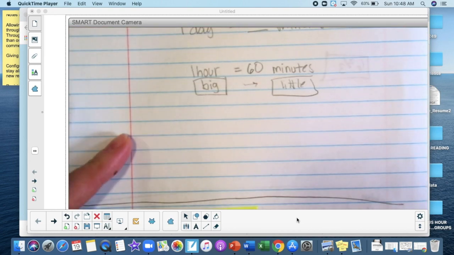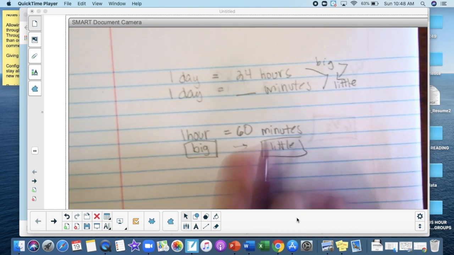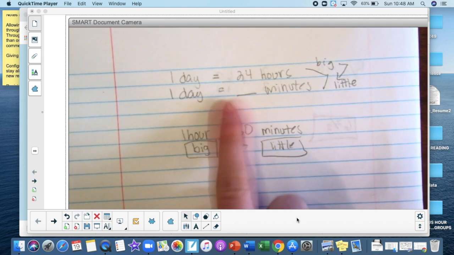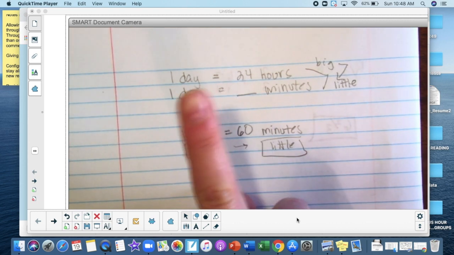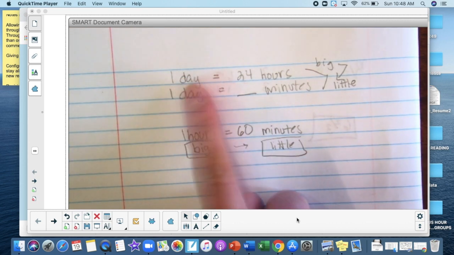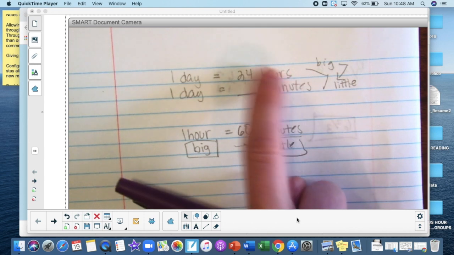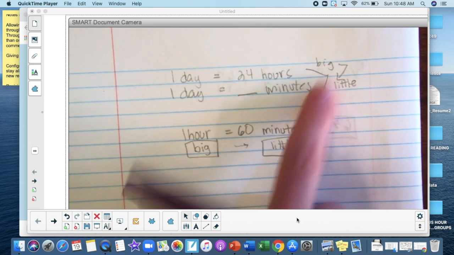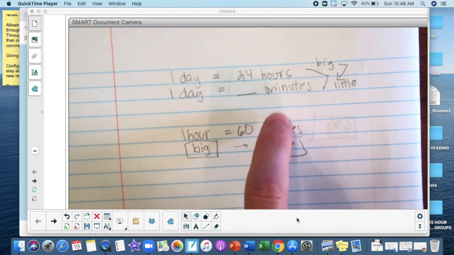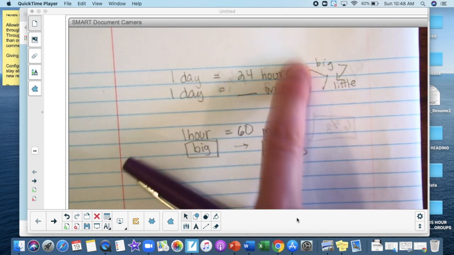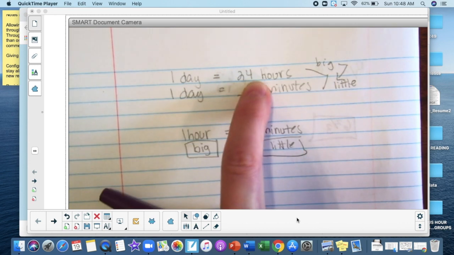I need to find out how many minutes are in one day. I know one day is 24 hours, and I know 1 hour is 60 minutes. So I need to know how many minutes are in one day. And one day can also be called 24 hours.